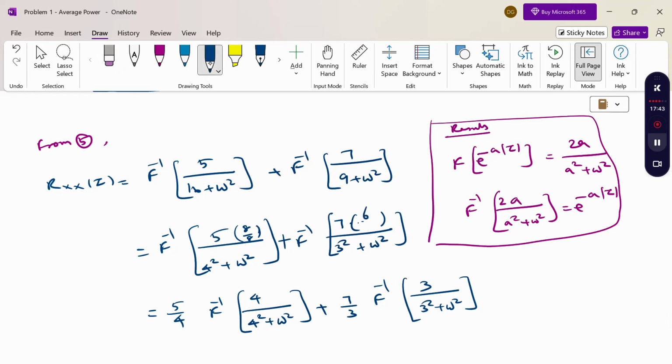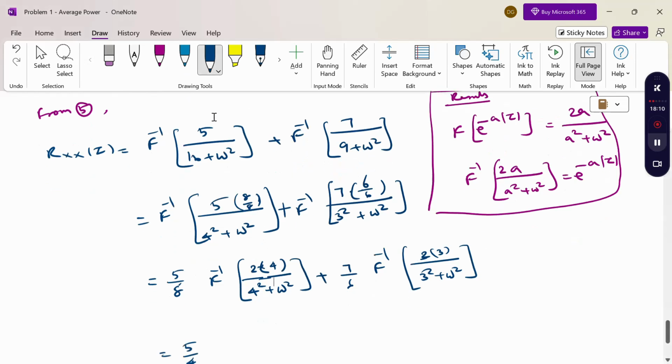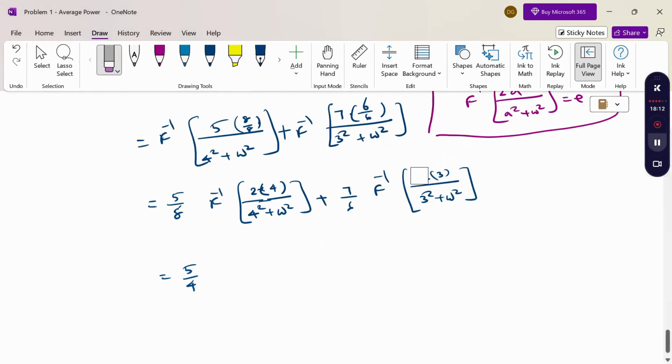So 5 by 8 and 7 by 6. So this term is nothing but 2 into 4, and for this term 2 into 3. So this is the form.